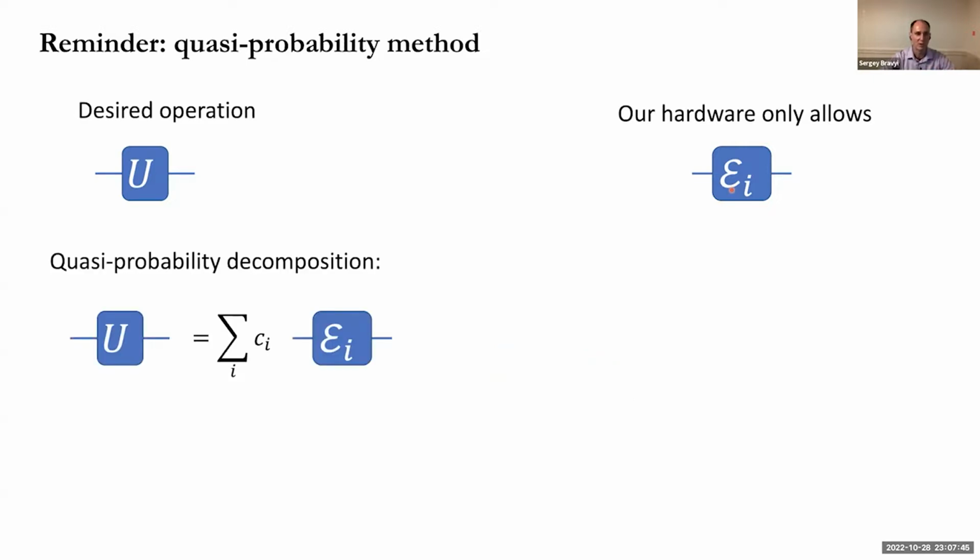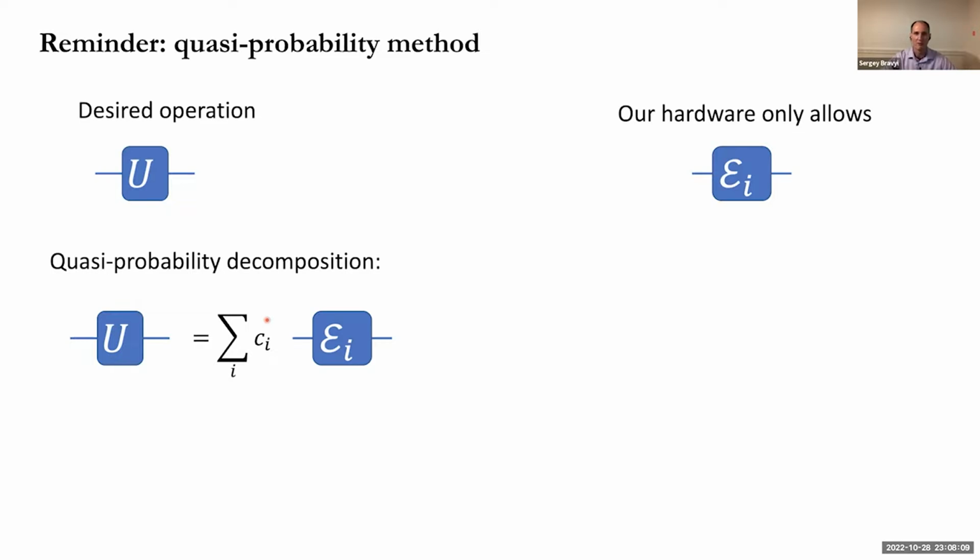And we can try to express the desired operation U, our ideal circuit, as a linear combination of available operations with some coefficients. We call this a quasi-probability decomposition because some of these coefficients in the sum can be both positive and negative.